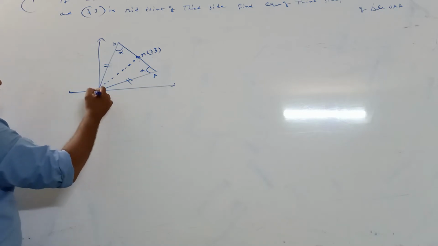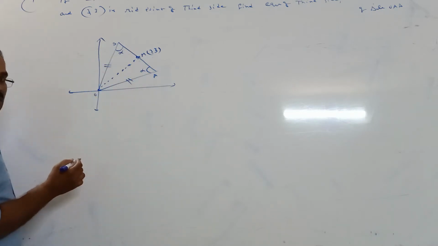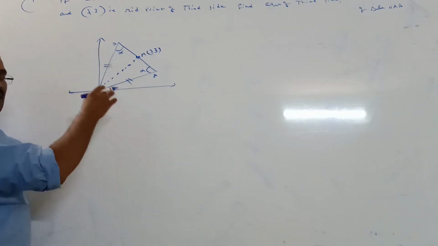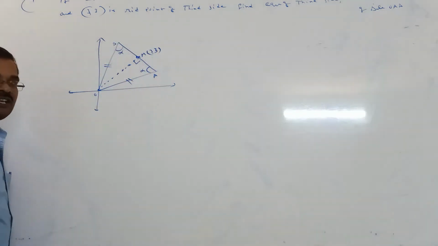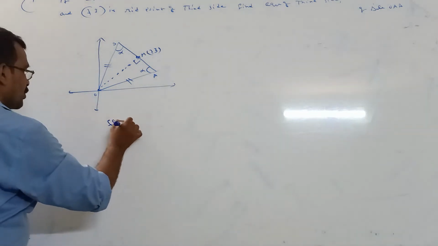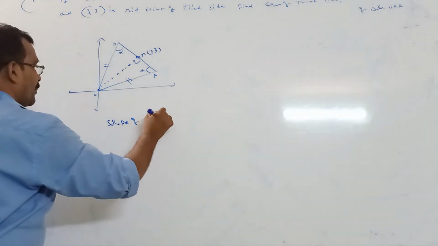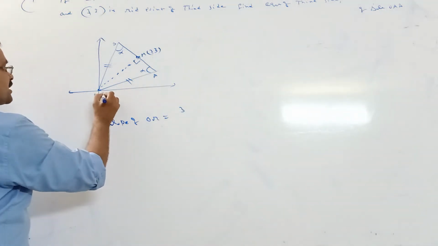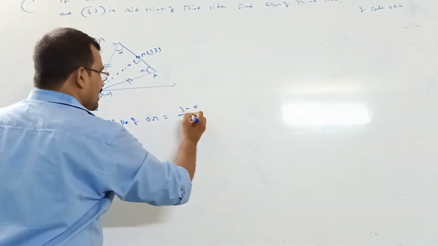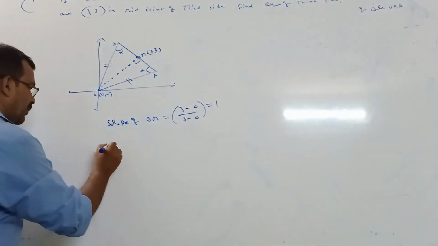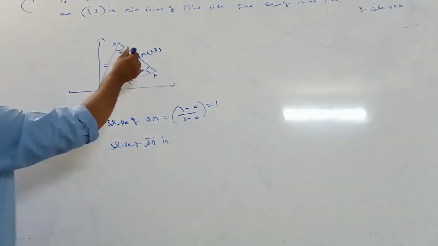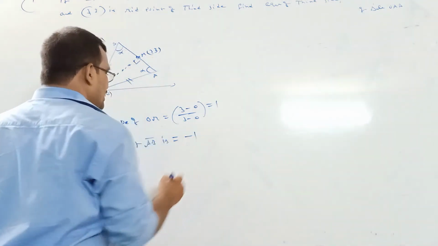So when I join O and the midpoint, it coincides with the median, and it is also the altitude. So now I find the slope of OM. With O the origin, x1 y1, x2 y2, slope is y2 minus y1 by x2 minus x1. Slope is 1. Obviously slope of AB is minus 1. Why? Because OM is perpendicular to AB.